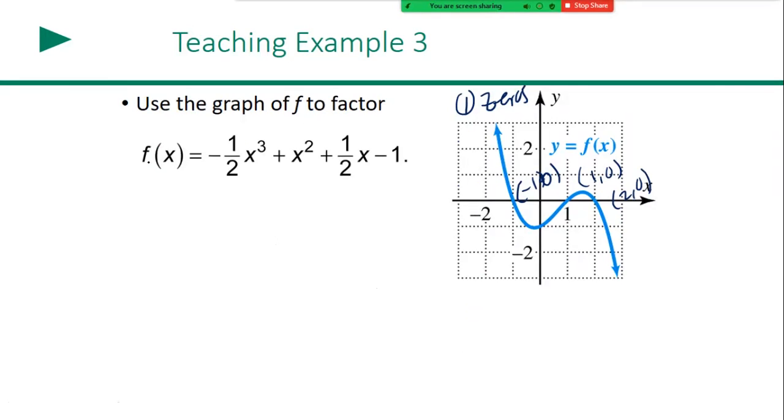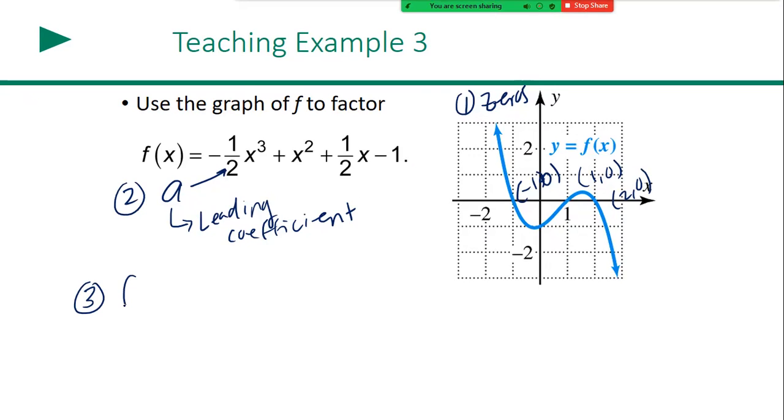Found our zeros. So all I need from here is to know what is the A. And your A, based on what we've been doing, has always been your leading coefficient, right? So at this point, I now know that A is the leading coefficient, which is -1/2. Now can I write my function?